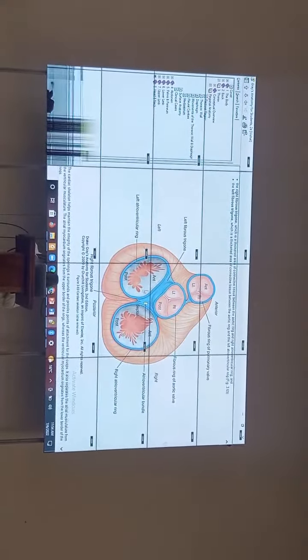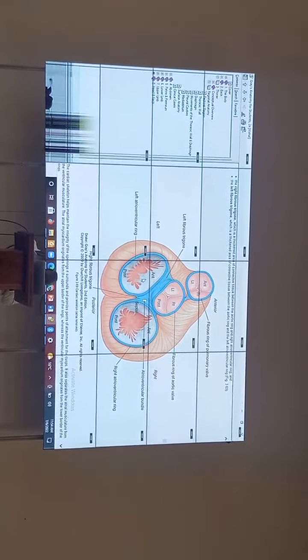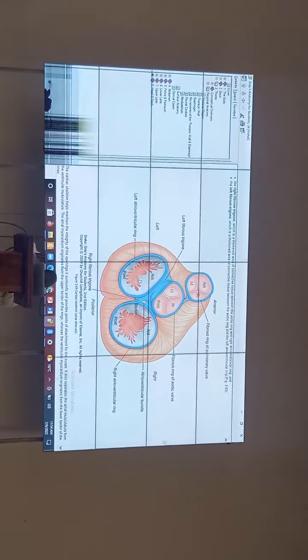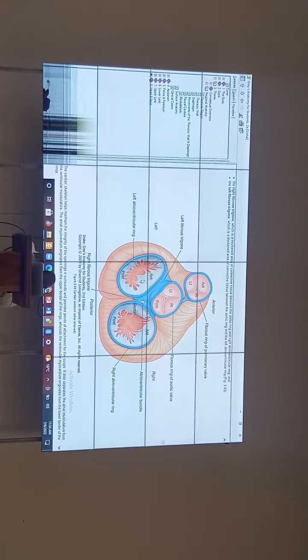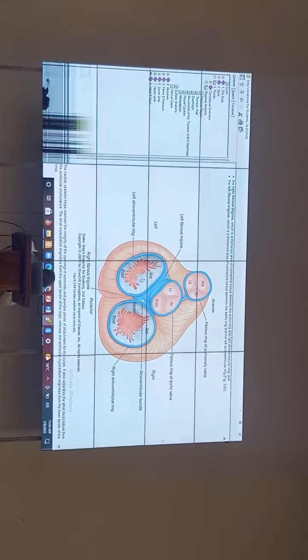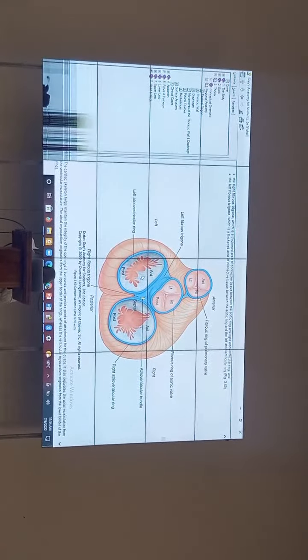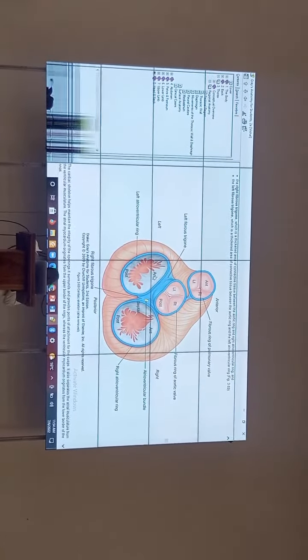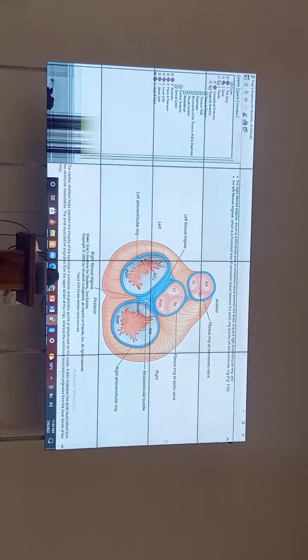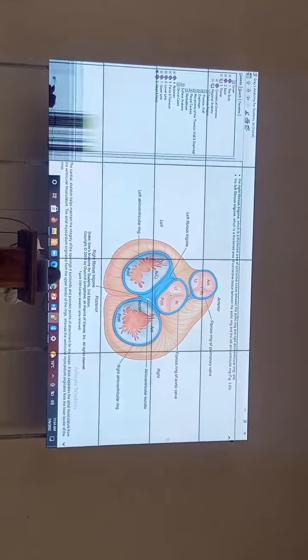What valve is this one, with two cusps? I said don't call it bicuspid, call it mitral. Yes, it's the bicuspid, but get used to calling it the mitral valve.